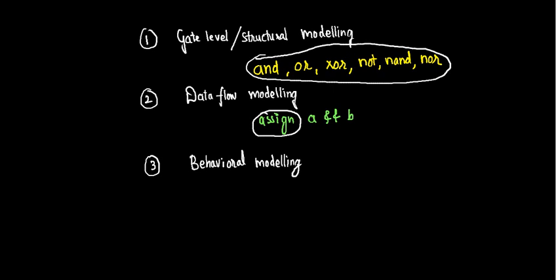Sometimes there may be a circuit whose inputs and outputs we know, and we also know its behavior, but we may not know what the structure looks like. If you are not aware of the internal structure, go for the behavioral design. In behavioral design there are procedural statements.